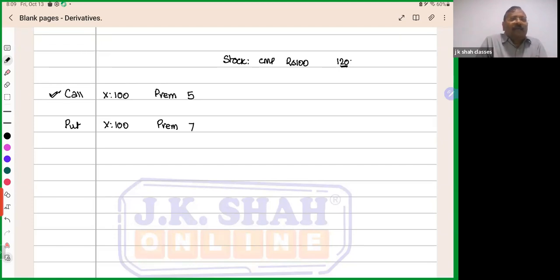What is the market price? 120. So what will be the value of this call? 15. How 50? How will it be 15? One minute. कैसे? How?